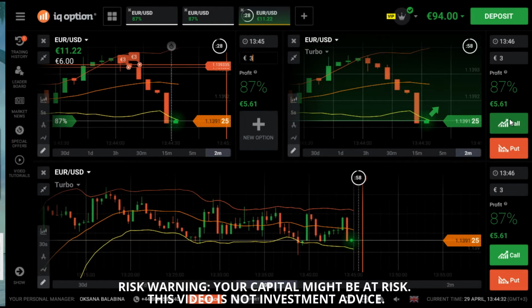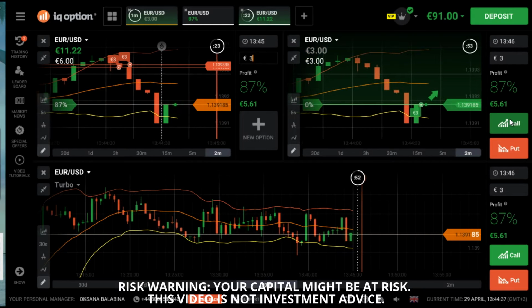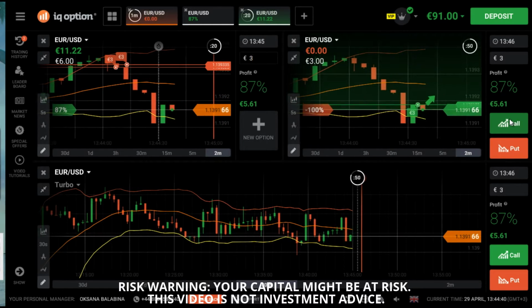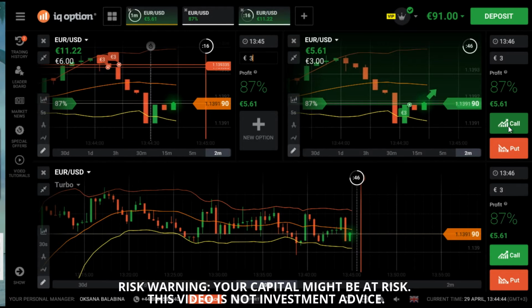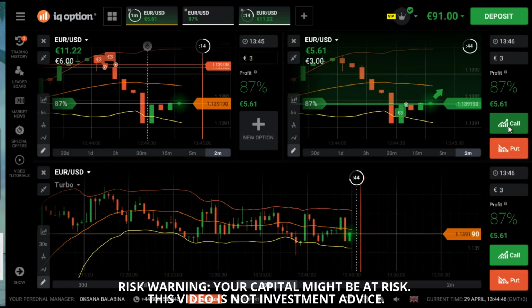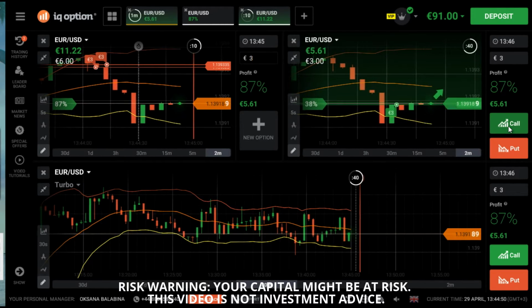What I'm doing here is a pretty much risk-free setup or strategy, whatever you want to call it, and my trading amount is €3.